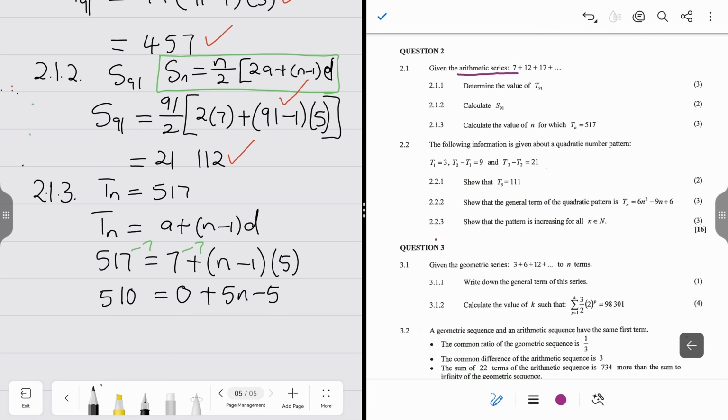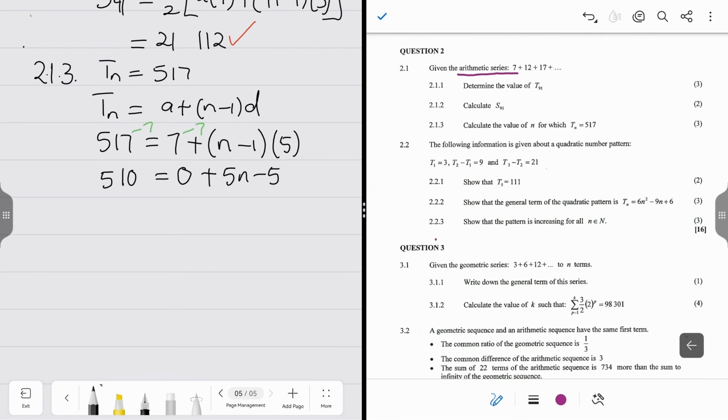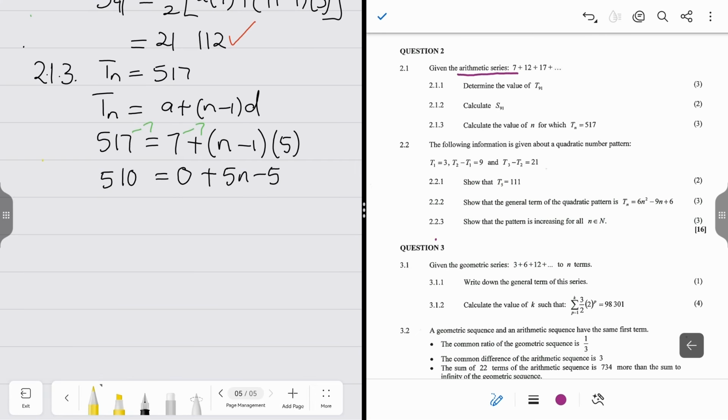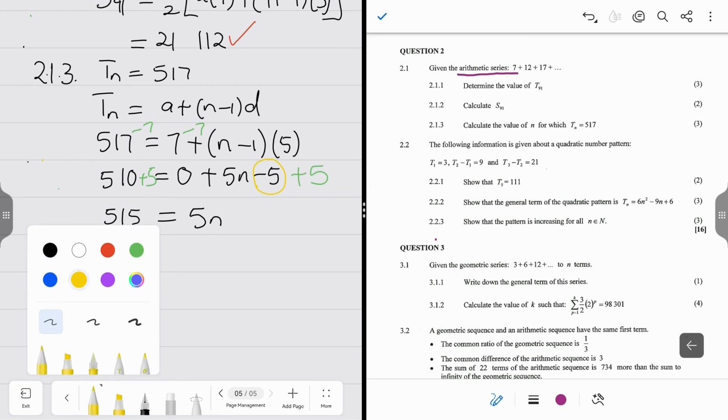Right, now I need to only be remaining with 5 and with n, whatever has n. So that means I have to remove this 5 here, but the way we remove it is by adding the opposite sign. So I'm going to add 5 on both sides. When I add 5 on both sides, I'm going to have 515 on my left, and on my right I'll have only 5n, because minus 5 plus 5 will give me 0.